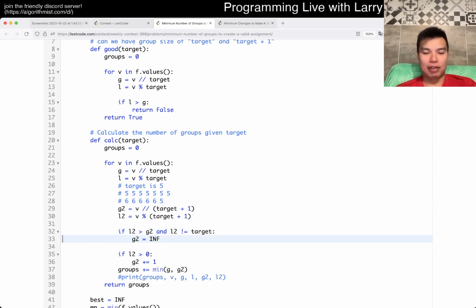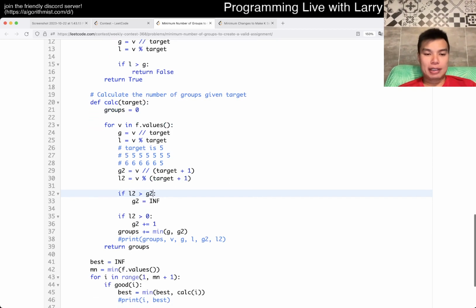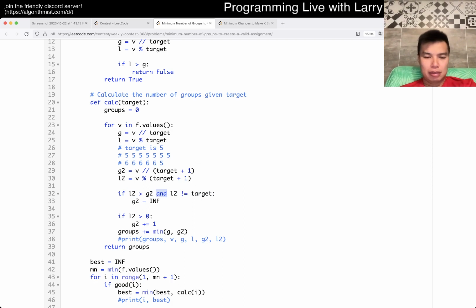Oh yeah, this is impossible but it will also never be target. Otherwise, if we do have leftovers, that's not the right fit perfectly. I don't know, this should be an or. Maybe not. L2 will never be target if it's greater than G2. I don't know, this somehow ACs, but it's a little bit confusing.